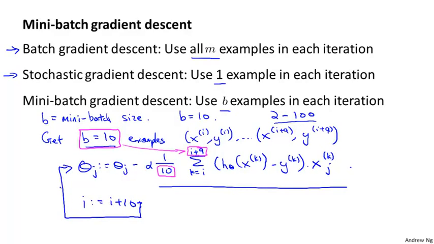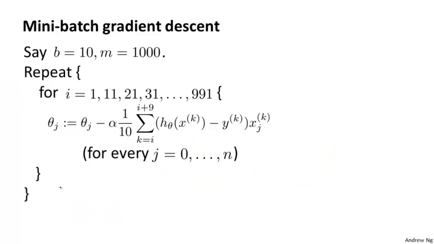So just to write out the entire algorithm in full, in order to simplify the indexing, I'm going to assume we have a mini-batch size of 10 and a training set size of 1,000. What we're going to do is have this for loop, for i equals 1, 11, 21, so stepping in steps of 10, because we look at 10 examples at a time. And then we perform this gradient descent update using 10 examples at a time.